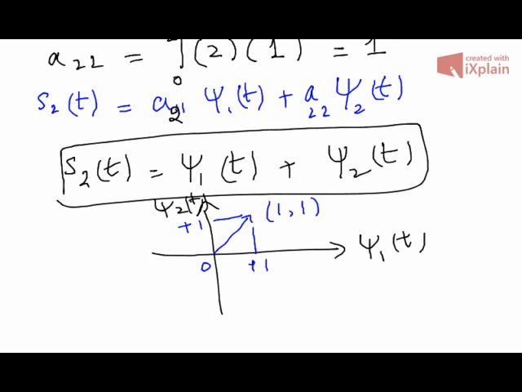Now if you observe it, S2 of t can be constructed by adding psi 1 of t and psi 2 of t. This is what this equation says.